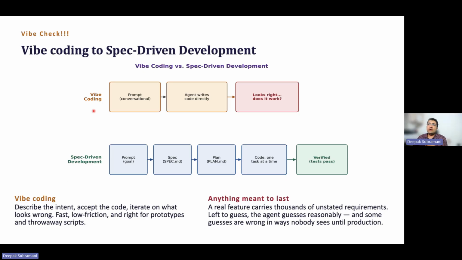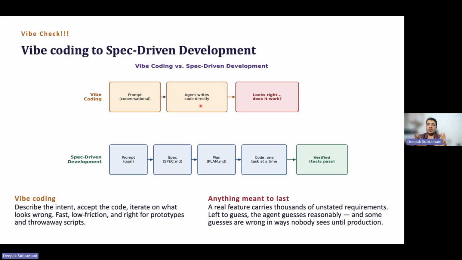In a vibe coding situation, you provide a prompt in a conversational manner, the agent writes code, then who knows whether it looks right or not, you copy paste that code, run it in your system, and whatever error comes, you push it back. After some 10, 20 turns of discussion between you and the agent, you have no clue where what you wanted to do and what you ended up with.